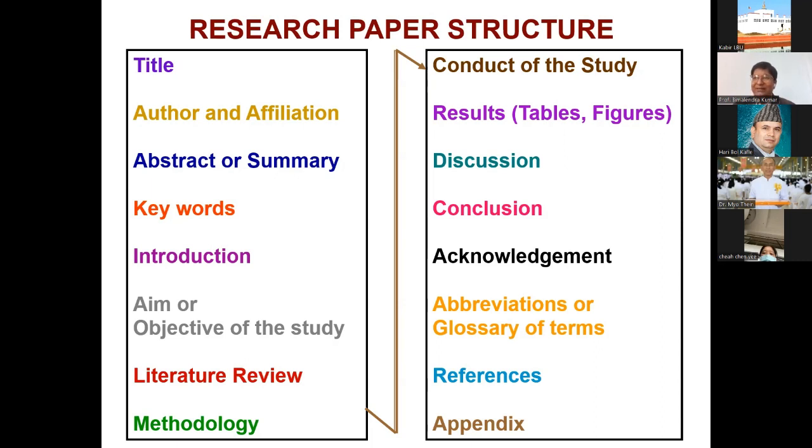Generally, the abstract is supposed to be within 250 words on one page. And then you give the keywords related to the research problem, the technical words you are going to explain, and how you are going to write about the terms which have not been discussed earlier by scholars.